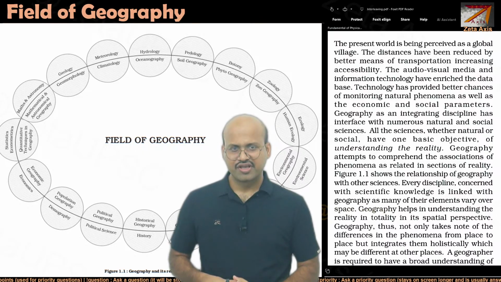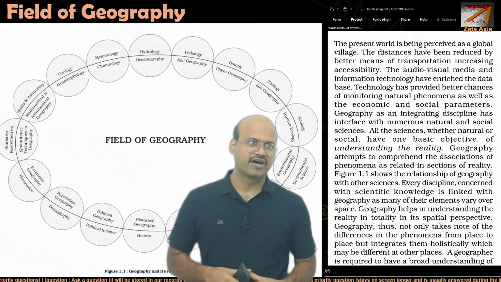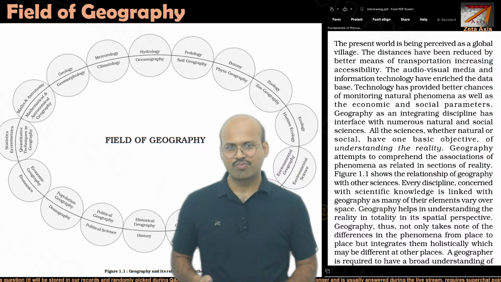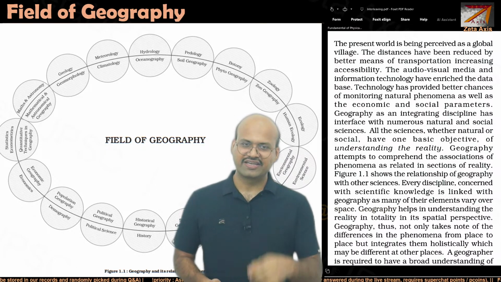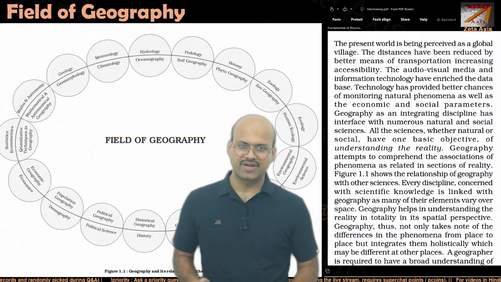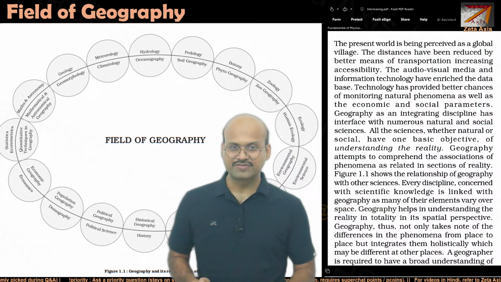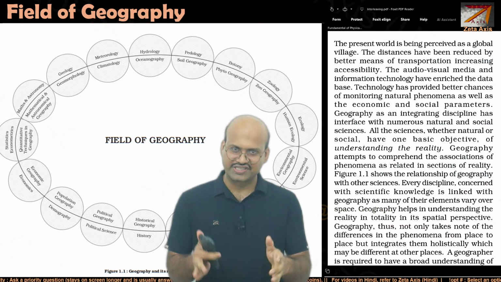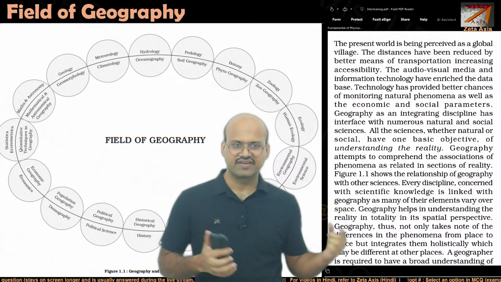If you are studying photosynthesis or plants, suppose you are a botanist, then different regions of Earth have different types of plants. So again geography comes in because everything varies based on geography. That is why geography is such an integrating and necessary field.